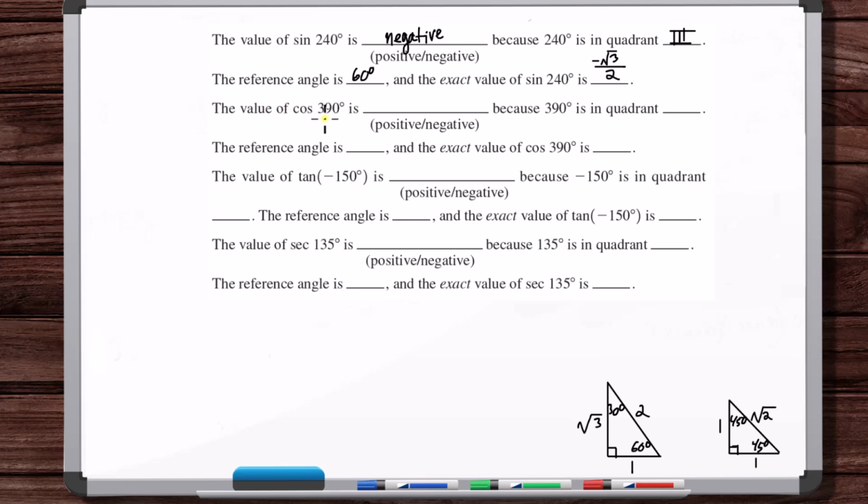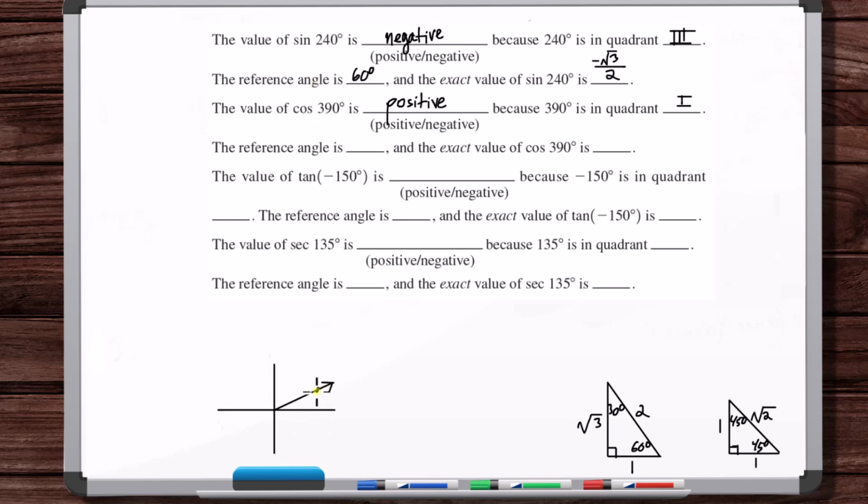Okay, the value of cosine of 390 is what? Because 390 is in what quadrant? Same problem, but with 390. You have 360 plus 30, so that's in quadrant 1, and everything in quadrant 1 is going to be positive. This is coterminal with an angle in quadrant 1.